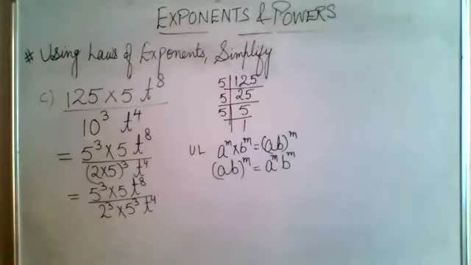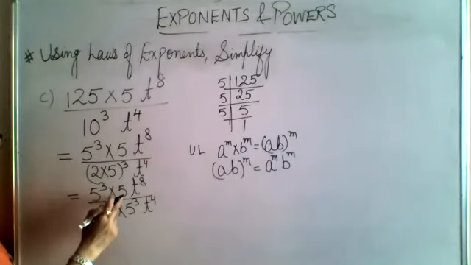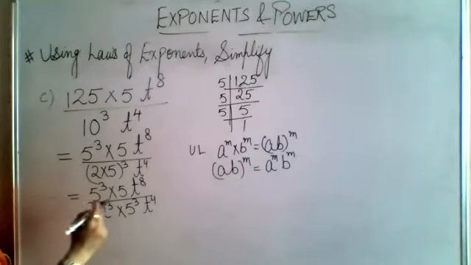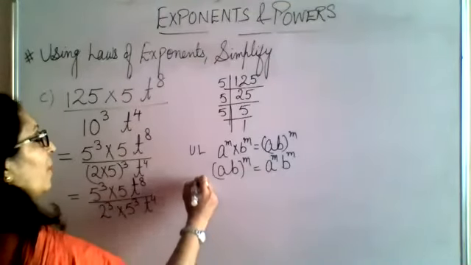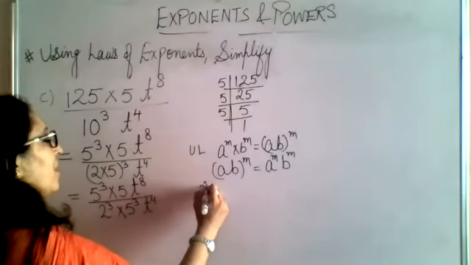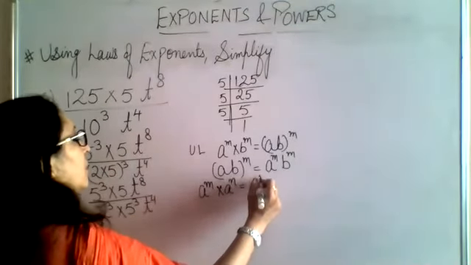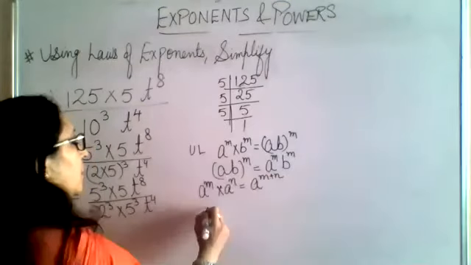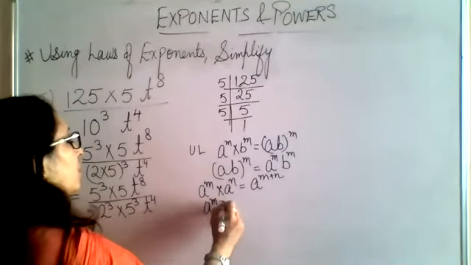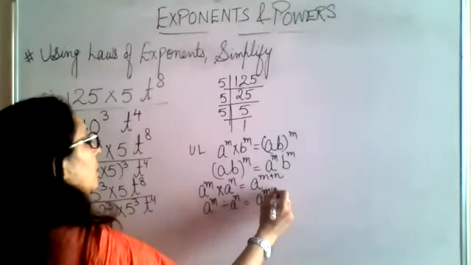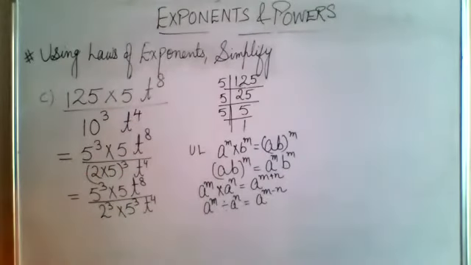Now here I will apply the law. This 5 with the other 5 is in multiply, and with the next 5 is in divide. So you will apply the law: if bases are same, powers different, multiply sign, powers will be added. Bases same, division sign, different powers, powers will be subtracted.